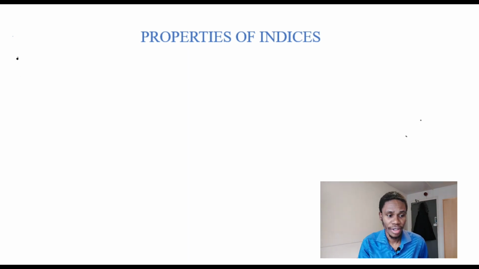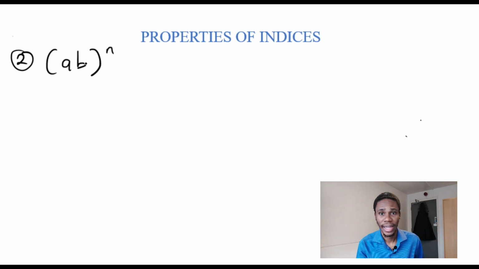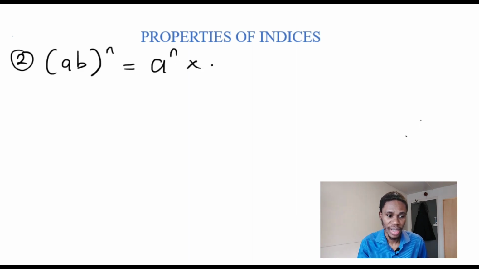We have our product, which is A times B, and our power, which is N. Now, what this means is that if you have two numbers multiplying, all raised to the power a certain number, it can be rewritten as A exponent N times B exponent N.